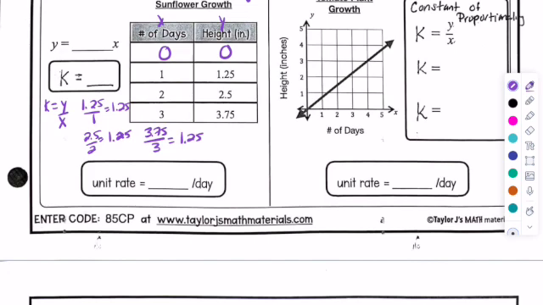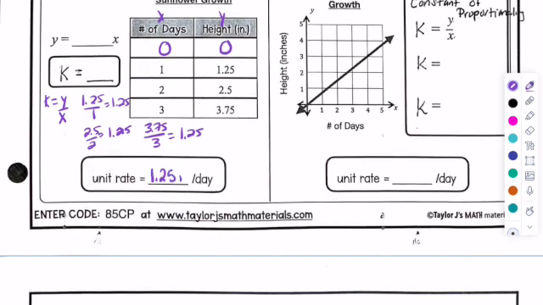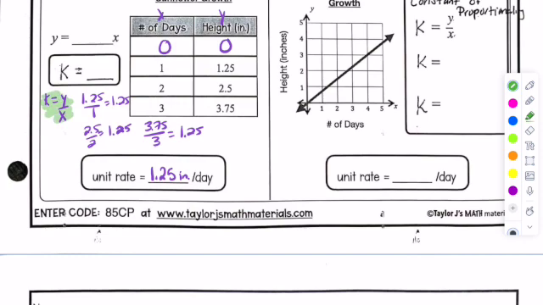So 1 1/4 inch, or 1.25 inches per day. Remember, this Y over X is our K value, so K is equal to 1.25. And when we go to write our equation, Y equals KX, that would be Y equals 1.25X.